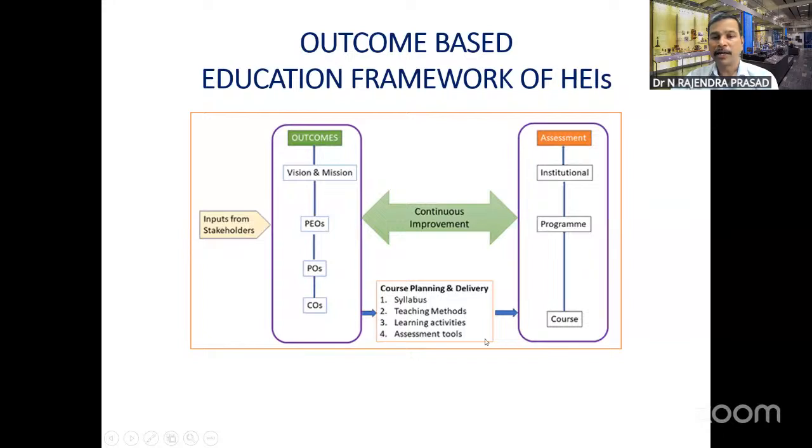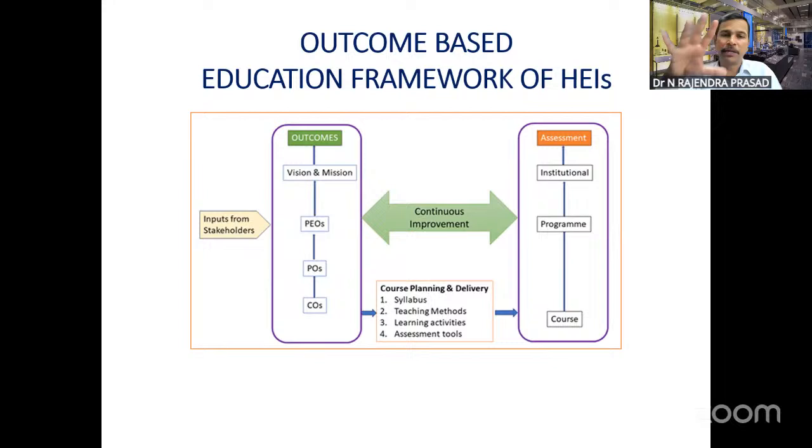So outcomes are assessed through a prescribed curriculum document by utilizing certain teaching methodologies, making the students involved in learning activities, and by using appropriate assessment tools. Of course, you have to get the inputs from stakeholders also. That's why you have a board of studies.